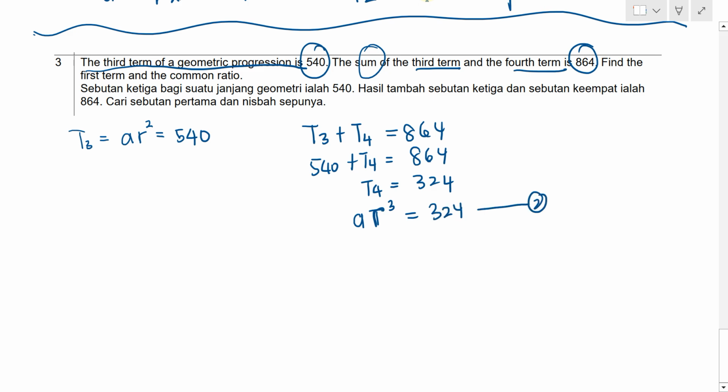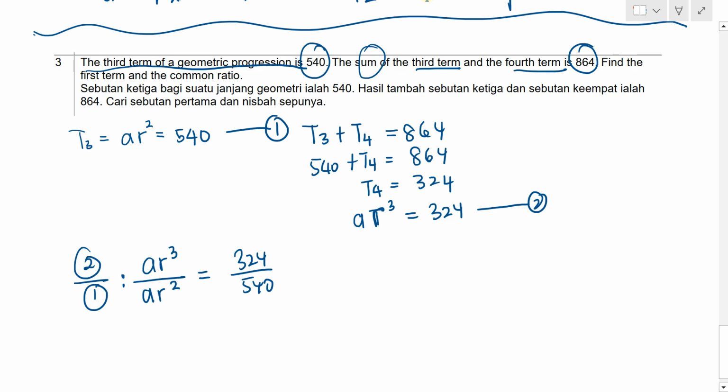So this is equation 2, this is equation 1. We just divide, equation 2 divided by 1. So AR cubed over AR squared equals 324 divided by 540. So A cuts off. R to the power 3 divided by R to the power 2 is just R. So 324 over 540 is 3 over 5.